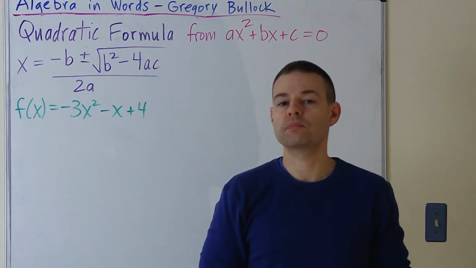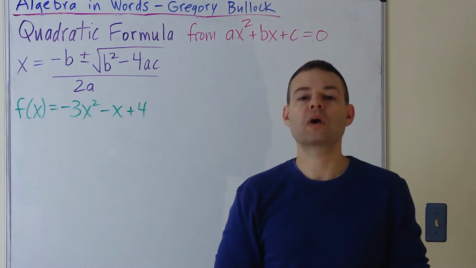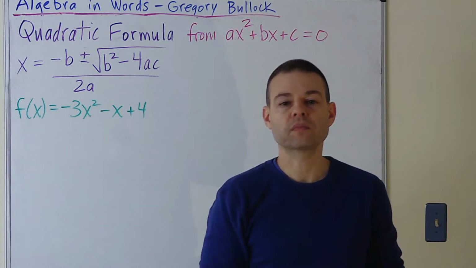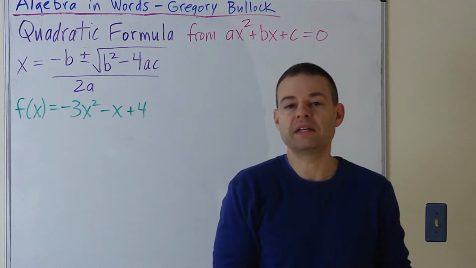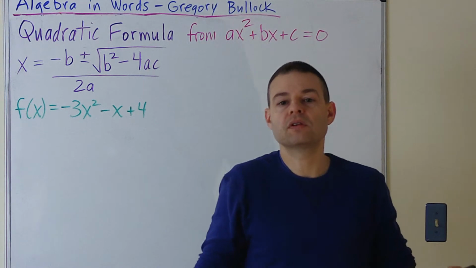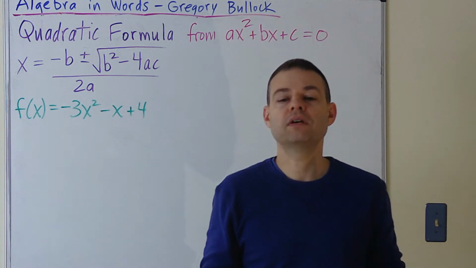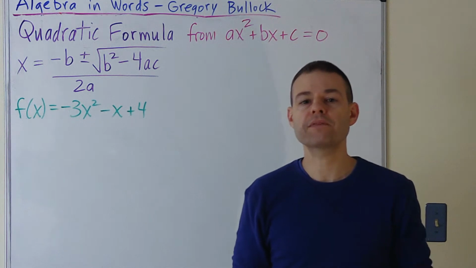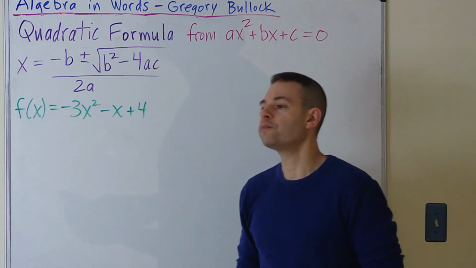Also, just a brief reminder that using the quadratic formula is a way of solving quadratic equations, and solving means finding the x-intercepts. Ultimately, you could plot the x-intercepts in order to fully graph the quadratic equation as a parabola. So anyway, without further ado, let's get started.